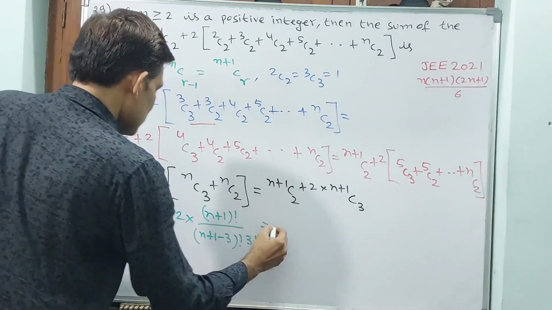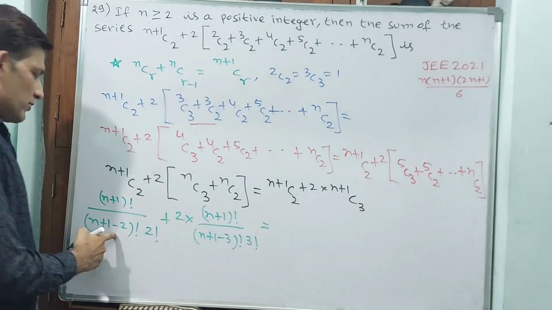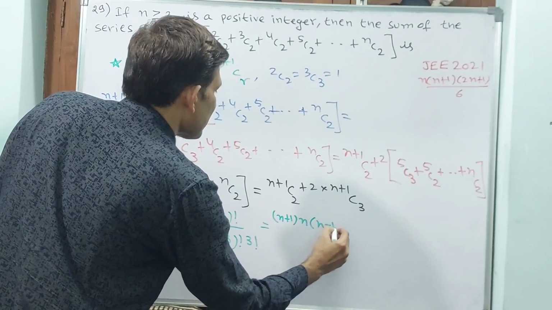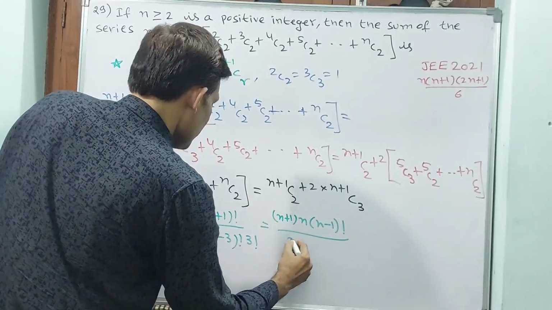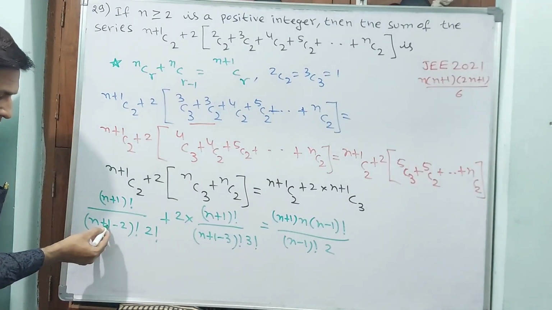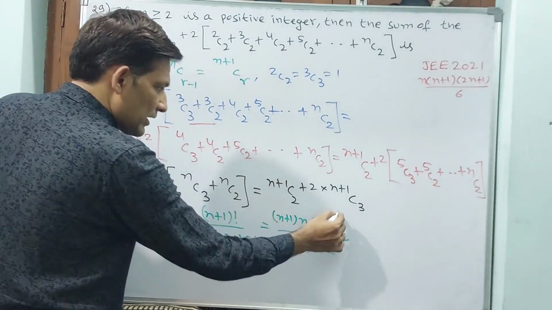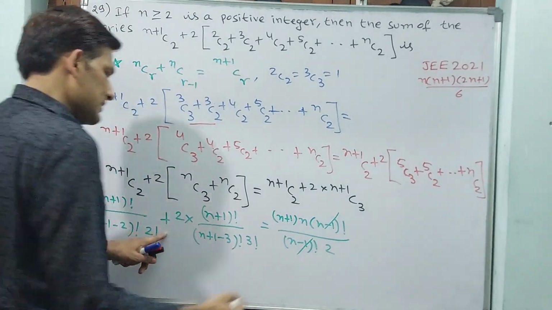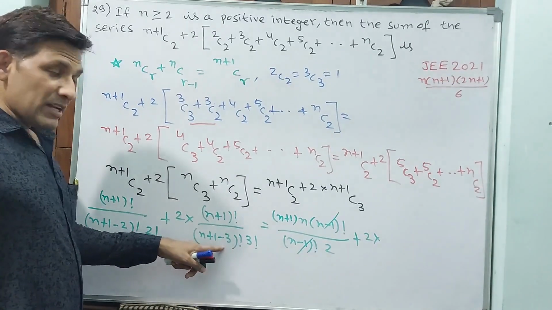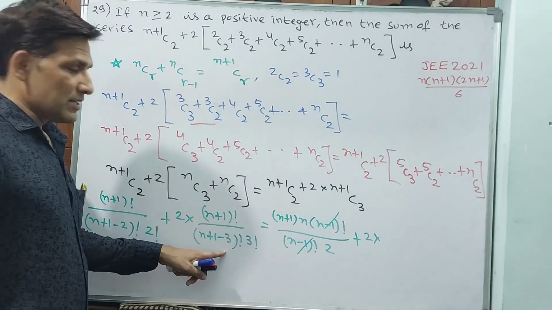That is equal to, n+1-2 is n-1 factorial. So (n+1) into (n-1) factorial by (n-1) factorial into 2. Then plus 2 times, here n-2 factorial will come, since n+1-3 is n-2.